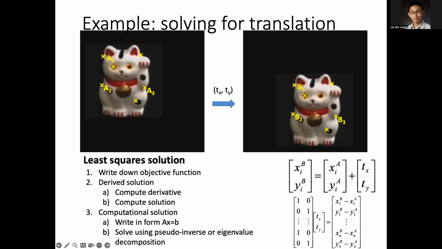Then I have something that's known, which in this case is just 1, 0, 0, 1 for each pair of correspondence. And on the right-hand side, I have the difference between the correspondences. This is the A, and Ax equals b, and as soon as I write that representation, I can solve this with least squares.